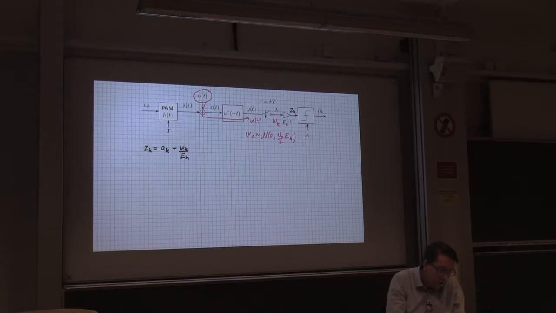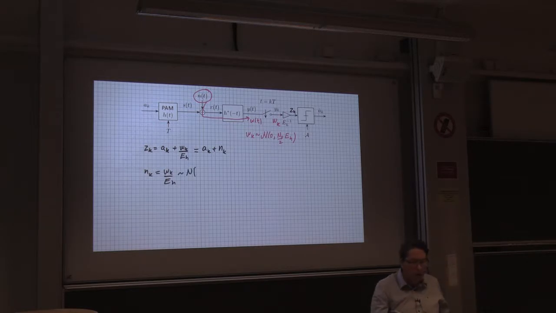We write the noise contribution simply as nk, where nk is equal to Wk divided by EH, and it's a Gaussian random variable.